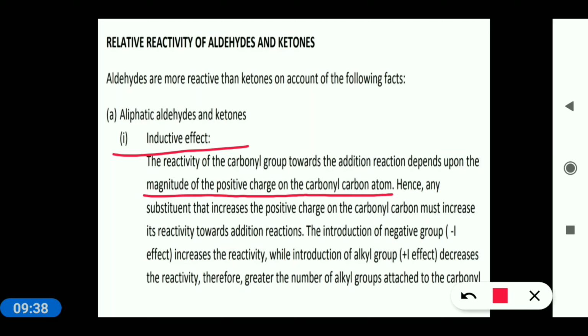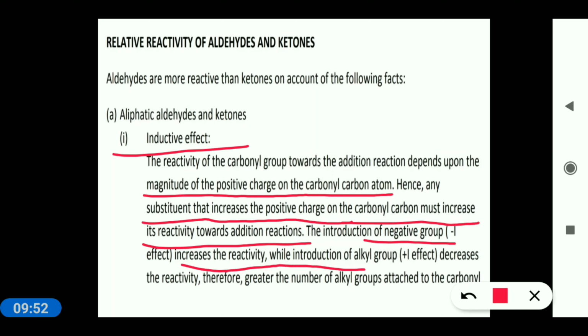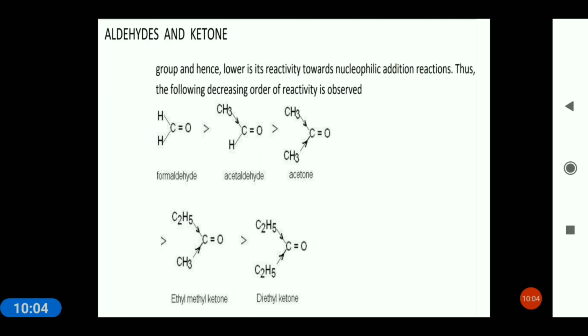Hence, any substituent that increases the positive charge on the carbon increases its reactivity towards the addition. Introduction of a negative group increases the reactivity, while introduction of an alkyl group, plus I effect, decreases the reactivity. Greater the number of alkyl groups attached to the carbonyl, lower is the reactivity.